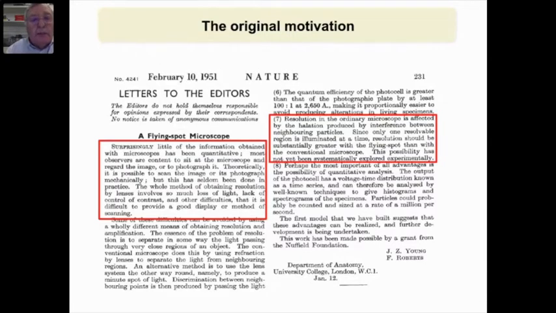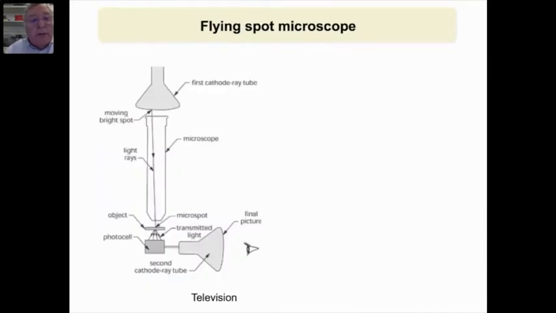This flying spot microscope, as Rimas indicated, I'm old, so I can remember when television screens had cathode ray tubes to display the image. And what a flying spot microscope is, is nothing more than a television screen with the electron beam scanning across the phosphor, producing a scanning spot of light, which is then relayed onto the specimen.